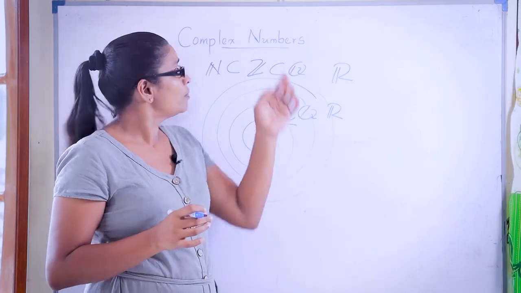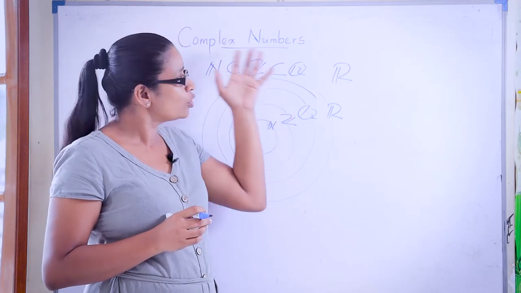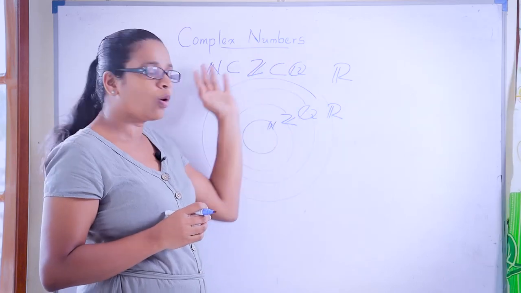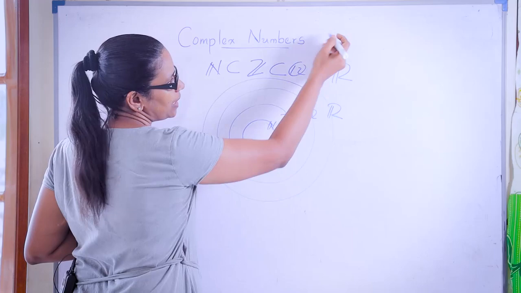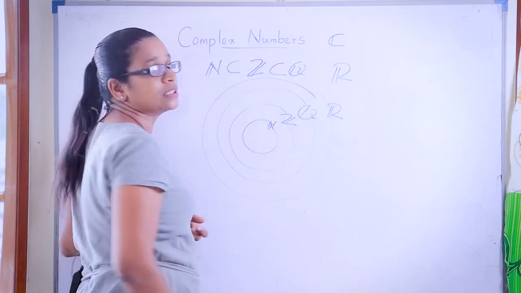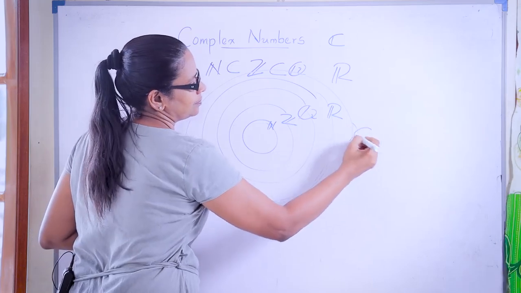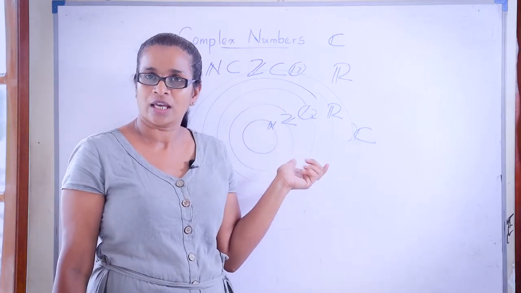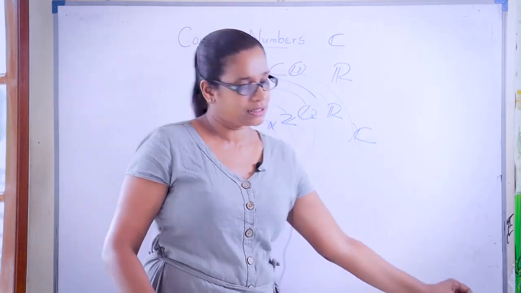Okay, so what about the complex numbers? This number system is bigger than all these number systems. We denote complex numbers using C, and it is larger than all these number systems. I think you can have some idea about the number systems.